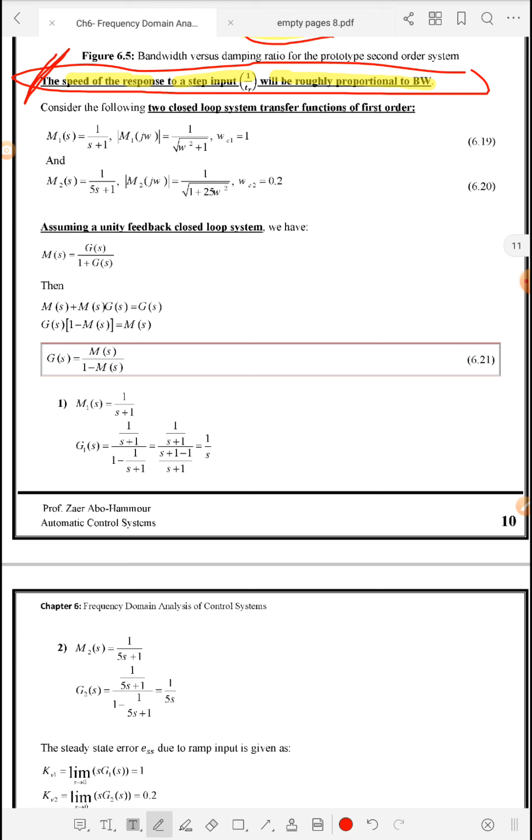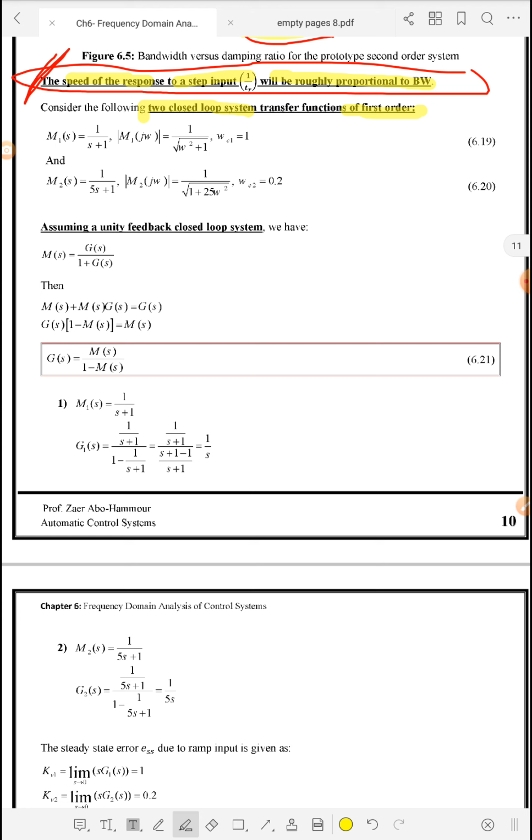To explain this principle, we will take two closed loop systems of first order, and after a few minutes we will cover another two closed loop transfer functions, or control systems, of second order.